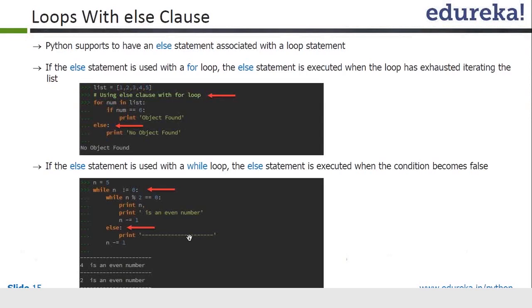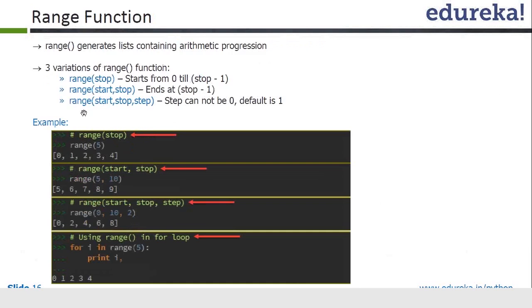Moving forward. Yeah, you saw this even number, odd number. Range generates a list containing an arithmetic progression. We already saw range, and now there are 3 types of range function.